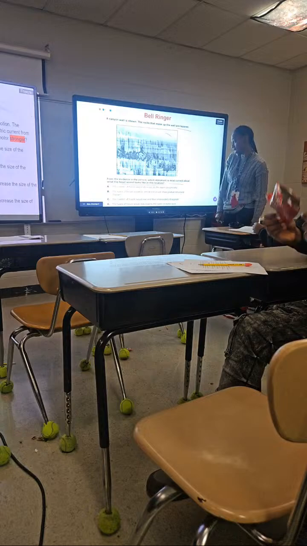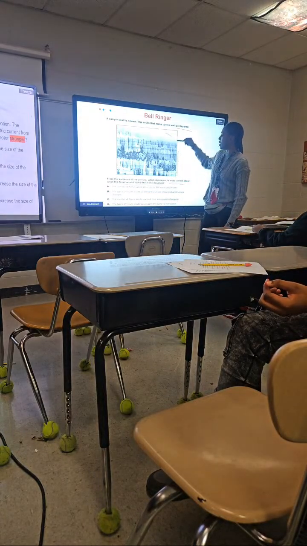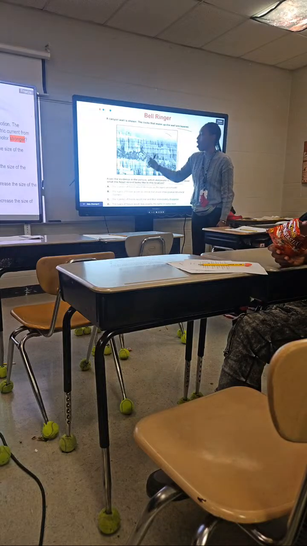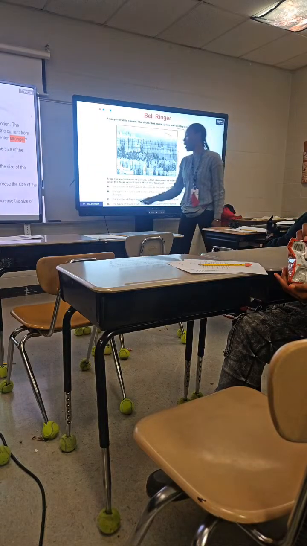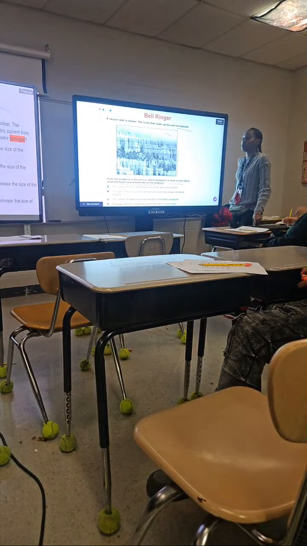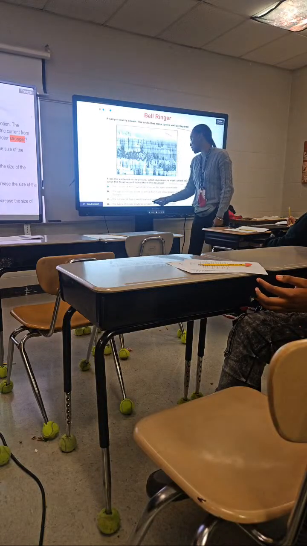Okay, so A says the number of fossils would decrease as the layers accumulate. So these are the layers. Are the fossils decreasing? No, they're not. I don't see a decrease in nothing. Okay, another one that's incorrect. D says the fossils would stay the same.